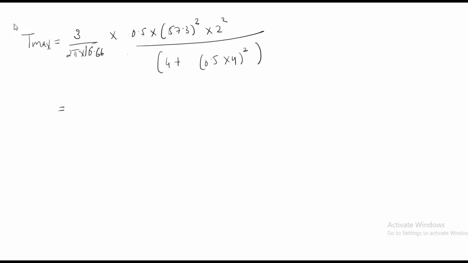So this is equal to 0.0286 into 0.5 into 57.3 whole square into 2 square, which is equal to 4, divided by the square root of 4 plus 0.5 into 4 whole square.